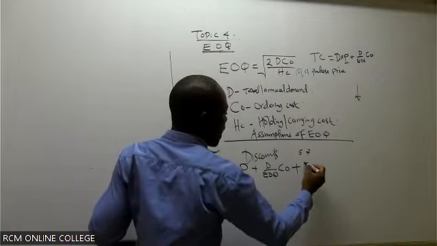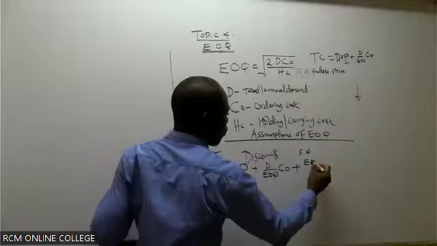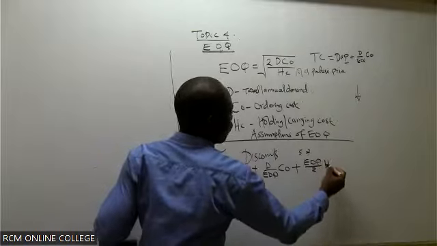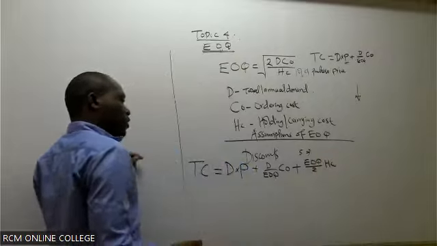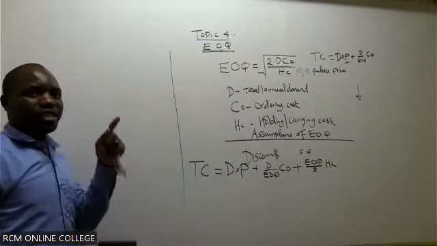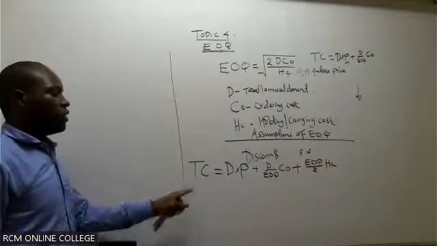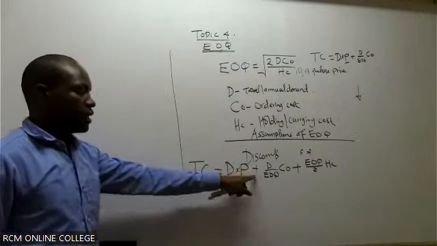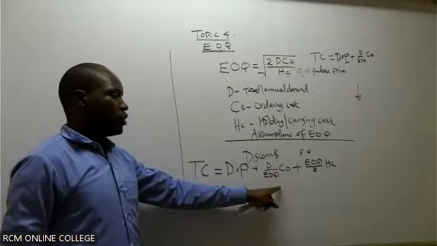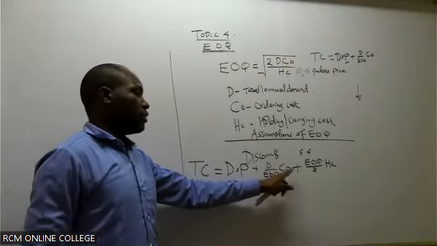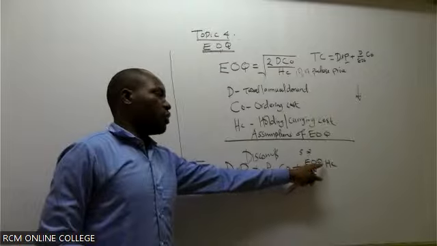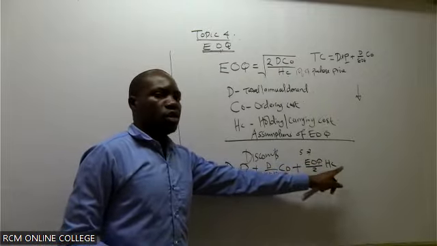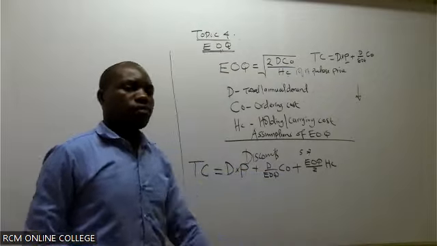To that we add economic order quantity divided by 2, then multiply by holding cost. So if you are given a question to give us the total cost incurred, this is the formula: demand times purchase price plus demand divided by economic order quantity multiplied by ordering cost plus economic order quantity divided by 2 multiplied by holding cost or carrying cost.